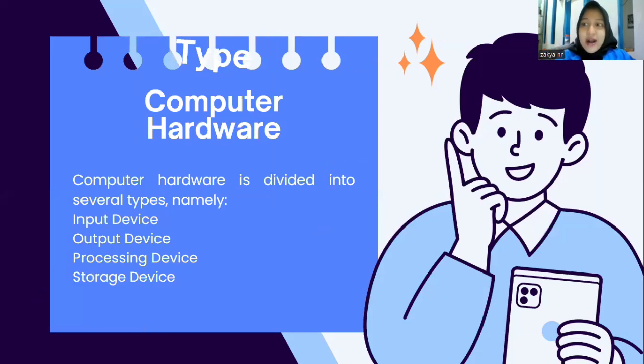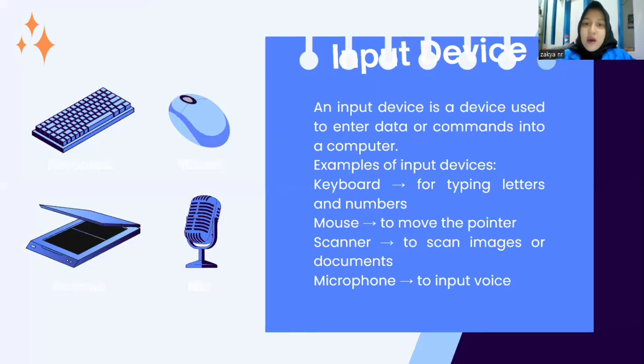What types of computer hardware are there? Computer hardware is divided into several types, namely: one, input device; two, output device; three, processing device; and four, storage device. What is an input device? An input device is a device used to enter data or commands into a computer.